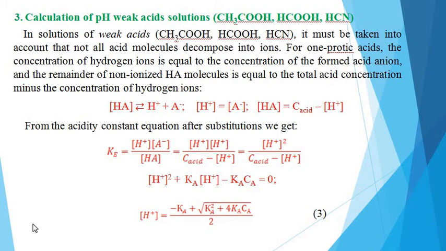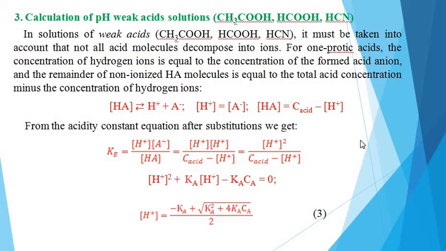For monoprotic acids, the concentration of hydrogen ions is equal to the concentration of the formed acid anion, and the remainder of non-ionized acid molecules is equal to the total acid concentration minus the concentration of hydrogen ions. In this case, the non-ionized weak acid molecules are equal to the total acid concentration minus the concentration of hydrogen ions.